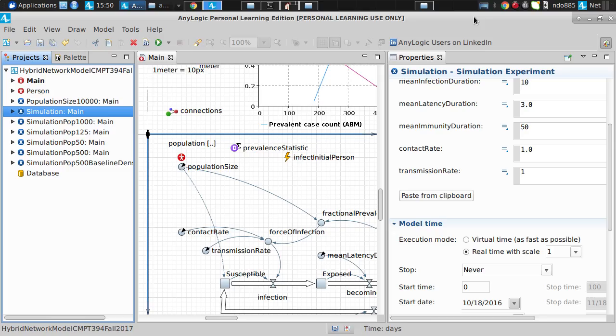Secondly, you're going to look at the relationship between their number of connections on the one hand and the number of times that they're infected, as a scatter plot, where the X location will be the number of connections they have, the Y location will be the number of times they've been infected. Okay, so we're going to do that atop this same model.